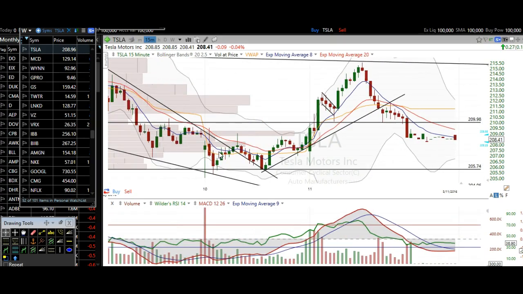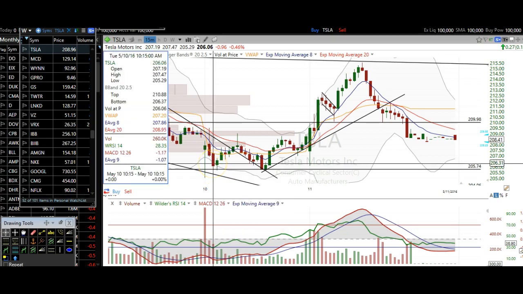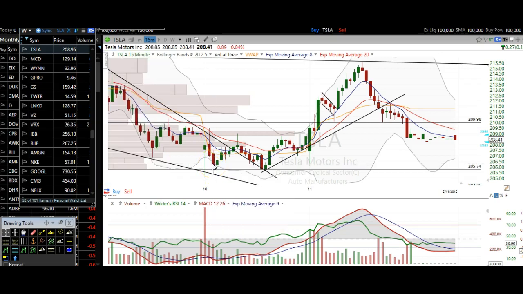So that's why yesterday we got long. We saw some buyers step in at this low right here on this candle. We did not touch it at that point. We got long on a retest right here on this candle. So we got long 45 minutes into yesterday's trading day at 205.50 right here.